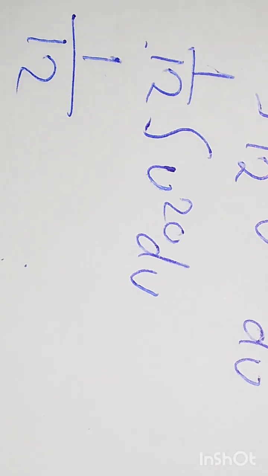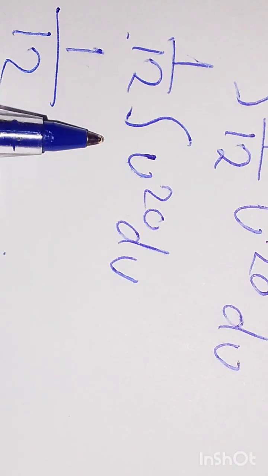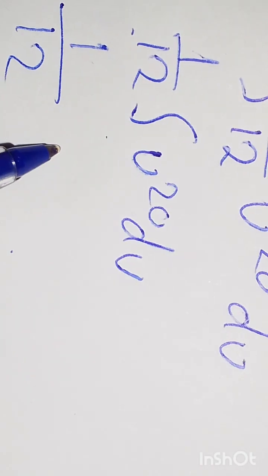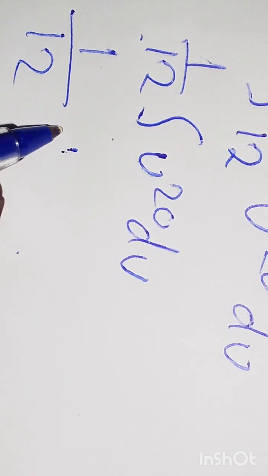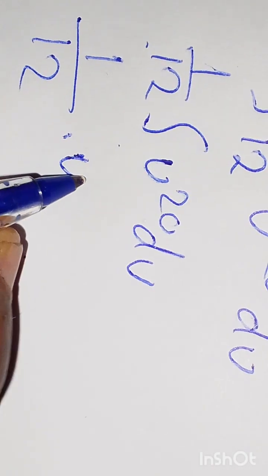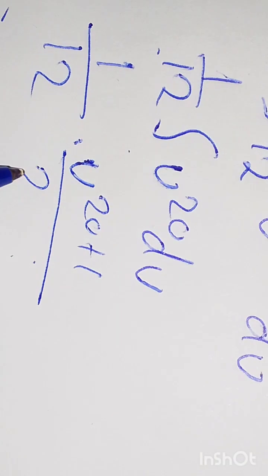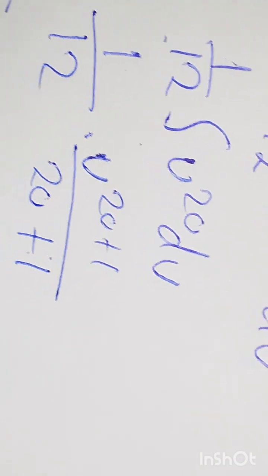So now we have to integrate u to the power 20. How do we integrate it? It's u to the power 20 plus 1 over 20 plus 1.